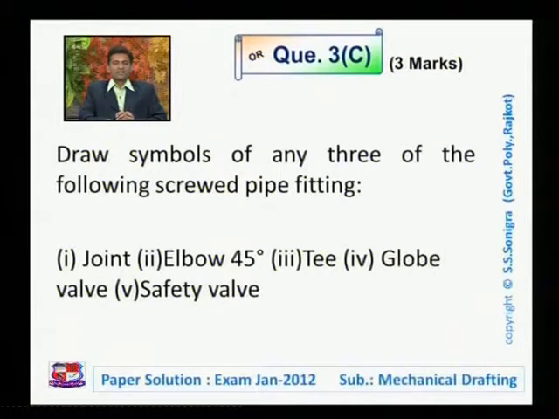There is a difference between flanged pipe fitting and screwed pipe fitting. In flanged pipe fitting, 2 lines are drawn, and in screwed pipe fitting, only a single line is drawn at the ends. The first is joint, second is elbow with 45 degree, third is T, then globe valve and safety valve. You have to draw 3 symbols for these 5, any 3, each carrying single marks.